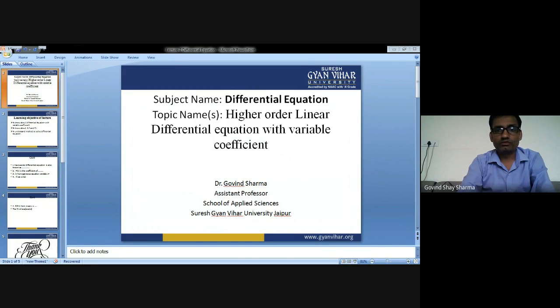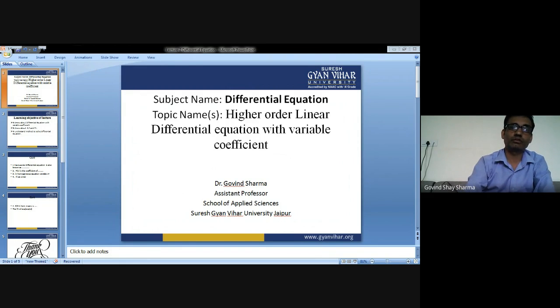In the lecture series of differential equation, today our topic is higher order linear differential equation with variable coefficient. Variable coefficient means, as I already told you, when the coefficients of the derivatives are not constant, or you can say when the coefficients are functions of x, then we call it a higher order linear differential equation with variable coefficient.